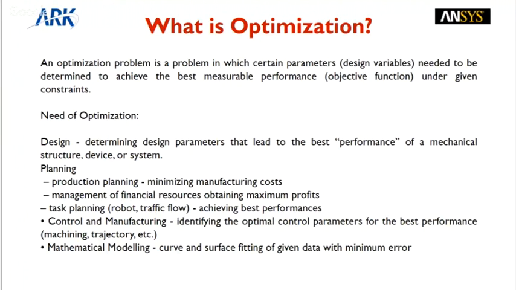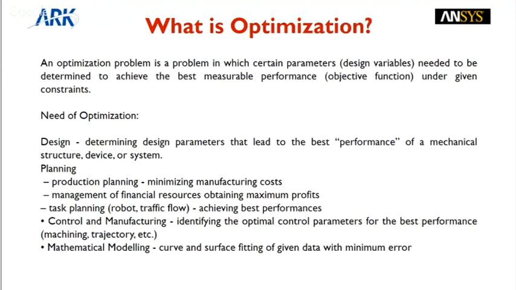If I am in planning, there is production planning. When I talk about production planning, I should have an aim that my manufacturing cost should be as low as possible. The different aspects where I can reduce the cost are called cost optimization.